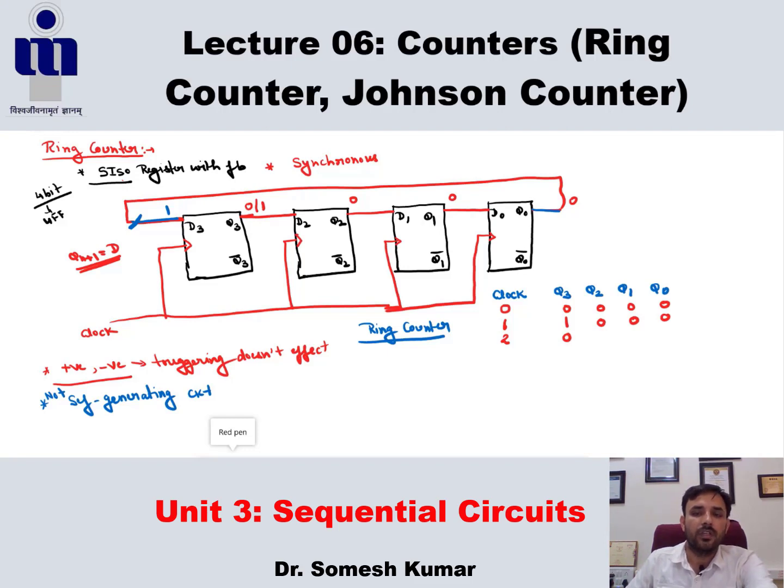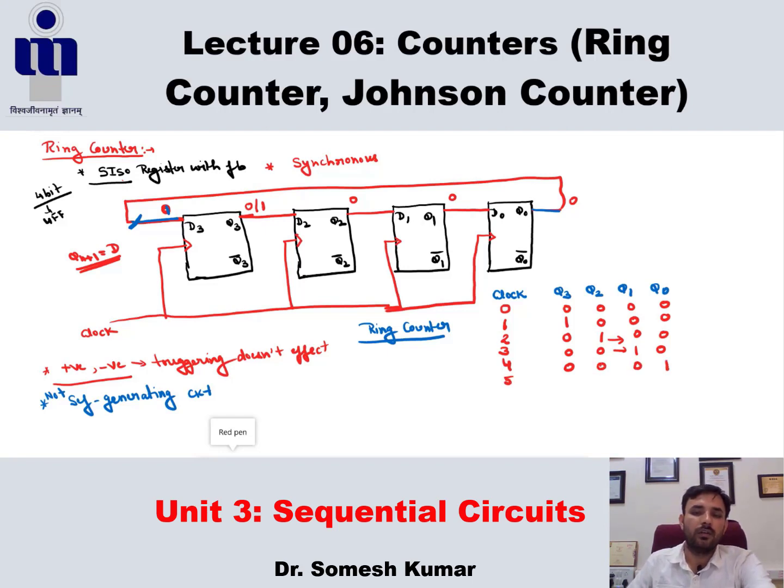Again this 0 is fed back here, 0 comes at Q3 and the 1 is propagated to Q2. In the next clock, again this 1 is propagated to the next stage and this becomes 0. In the fourth clock, this 0 is fed back to Q3, giving 0, 0, 0, 1.